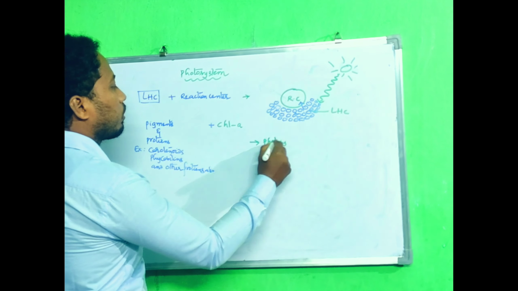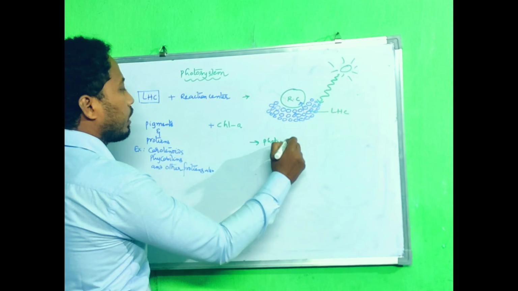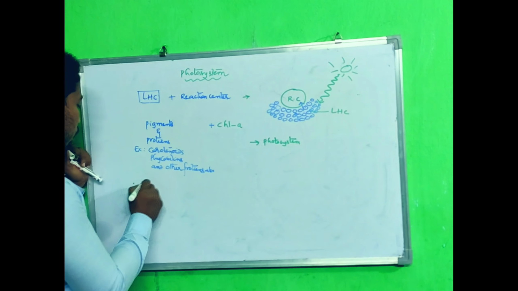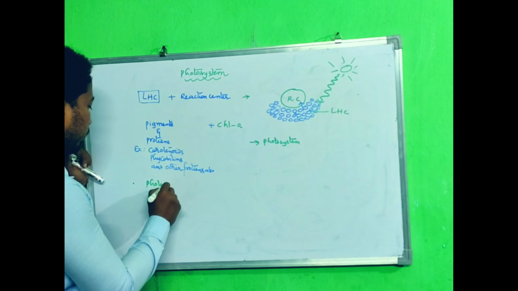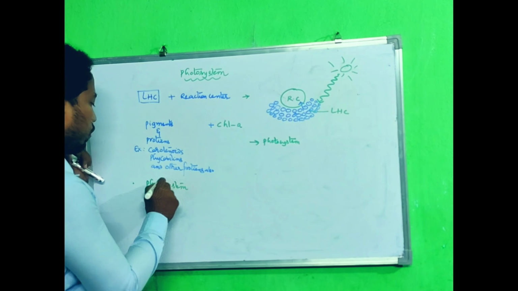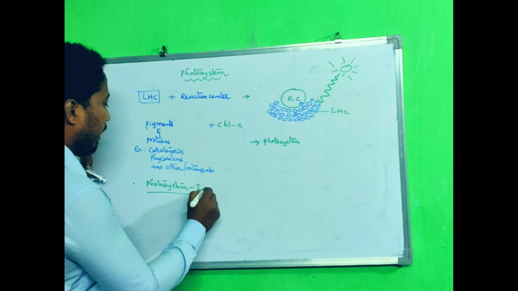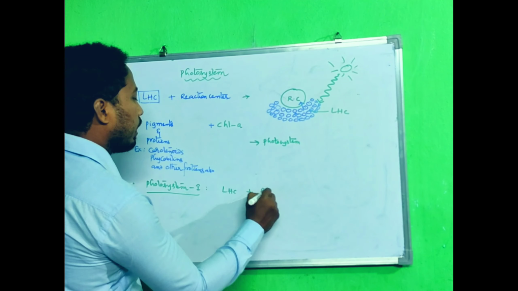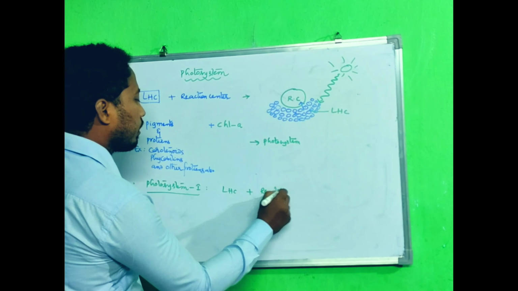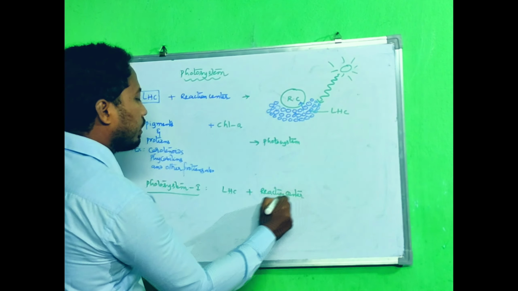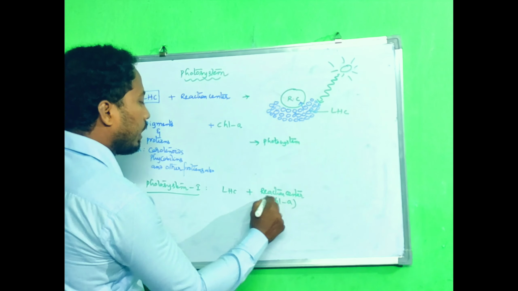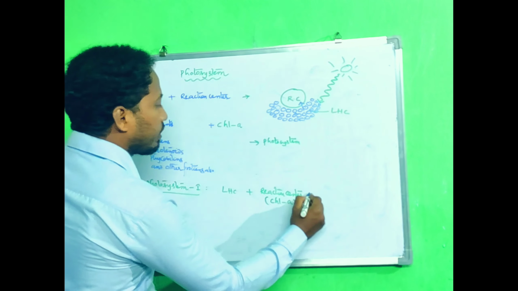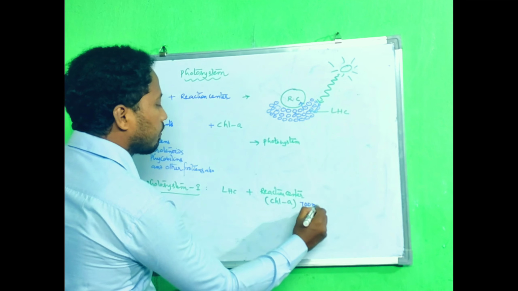When we talk about photosystem 1, it is formed by light harvesting complex plus reaction center, chlorophyll A, particularly absorbing 700 nanometers.